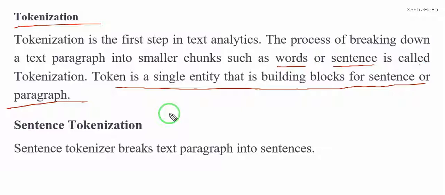If you break a sentence into words, then they are called tokens, and if you sentence tokenize, then it means that you are breaking the text paragraph into sentences. But anyway, tokenization is basically small chunks of words or sentences from a larger corpus or text data.